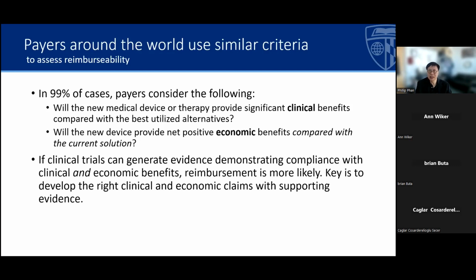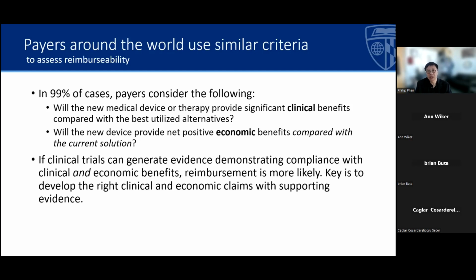Now, as we know, if you are doing, say, a drug trial or a device trial, that is actually part of the question that you have to answer, right? So for FDA specifically, to give you clearance for marketing of your device or the drug, ultimately you have to answer the question, is this thing better than what currently exists? So the data that you're collecting from those kinds of trials are actually useful as well for your reimbursement strategy. And you have to sort of show it conclusively from the data.